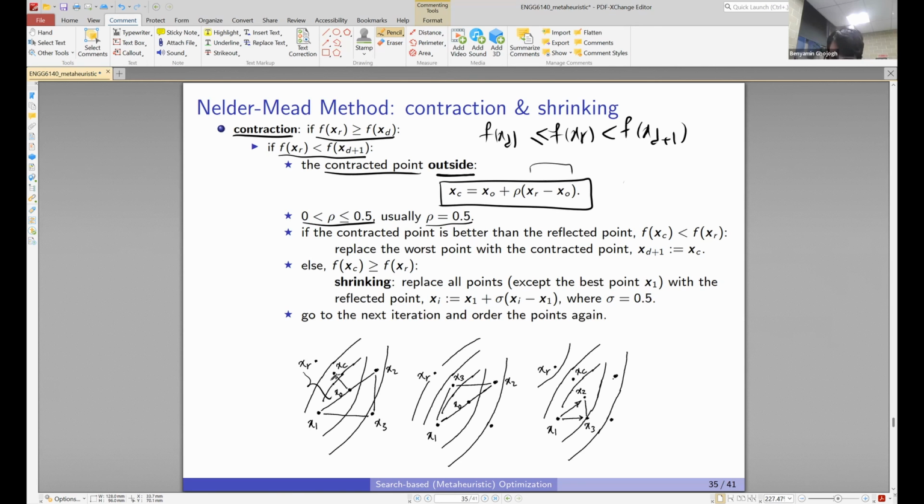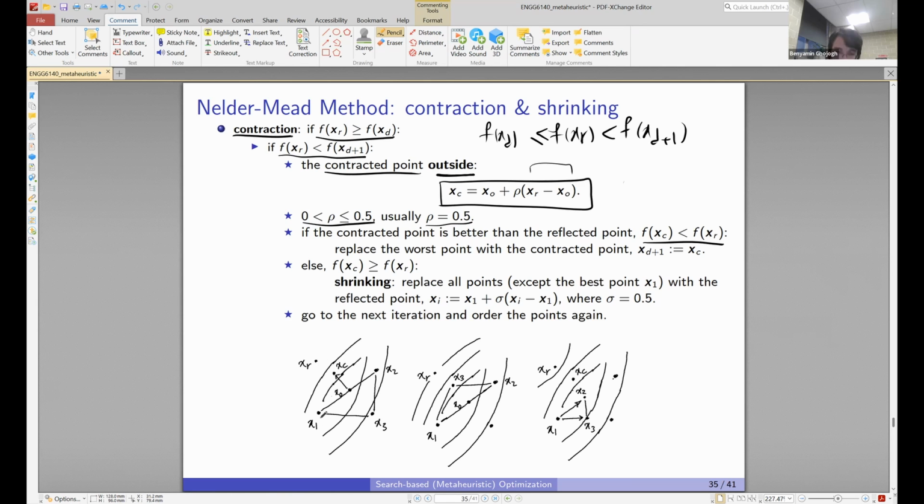Okay, now we have two subcases. If the contracted point is better than the reflected point, what does it mean? This is a reflected point. This is a contracted point. If this is better than XR, we know that XR is worse than X1, X1 is better than XR, and XR is worse than X2.